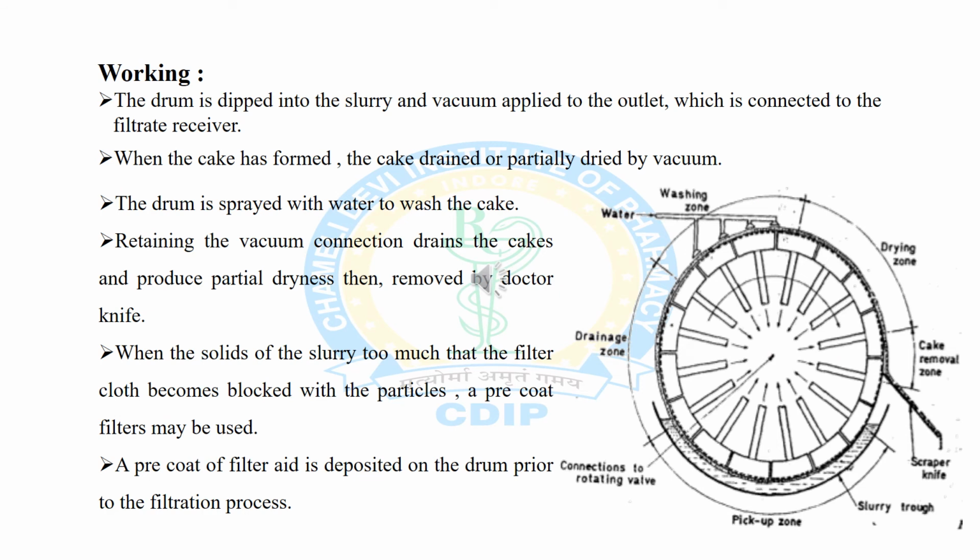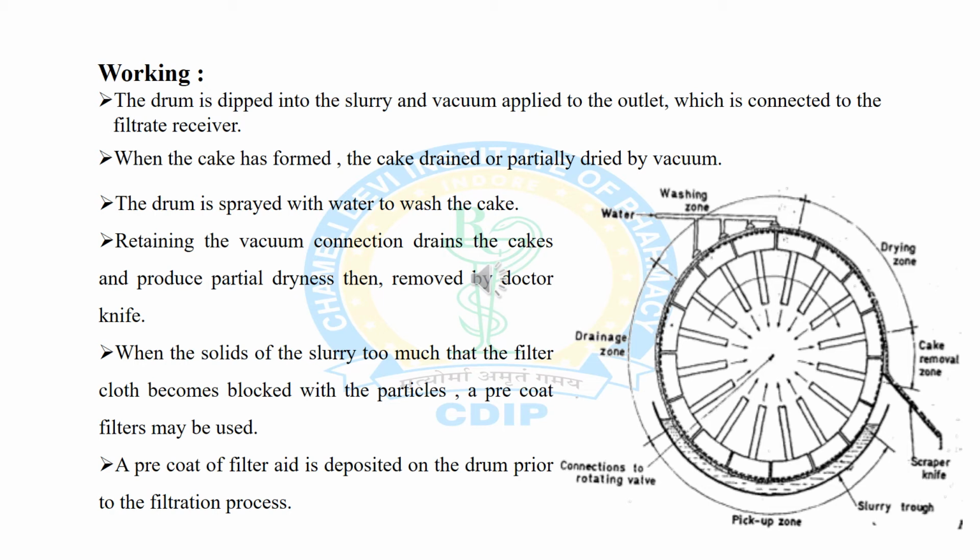This slide contains the working and the diagram of the rotary drum filter, which was already discussed in the previous slides. Here we see the various zones on the rotary drum filter.